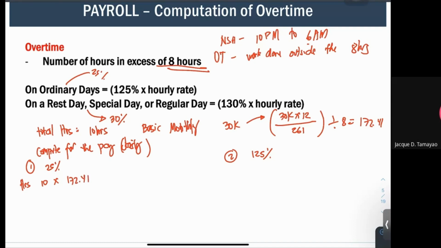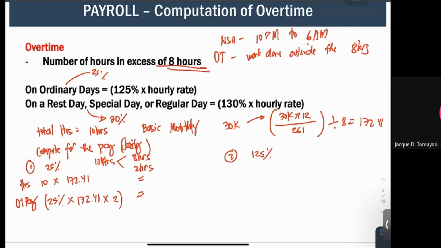That is your working hours plus your OT pay, which is 25% of 172.41. How many hours of OT? If that is 10 hours, the normal working hours is 8 hours, so we have 2 hours of OT. So multiplied by 2 for 2 hours of OT.